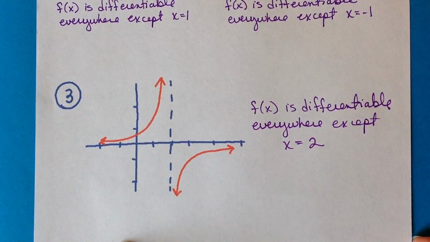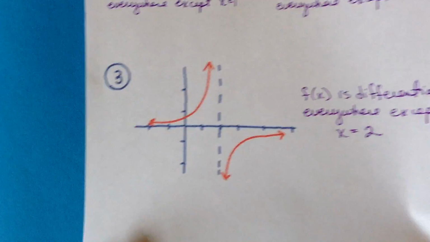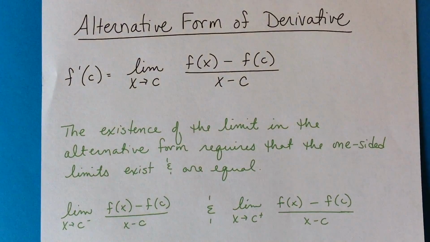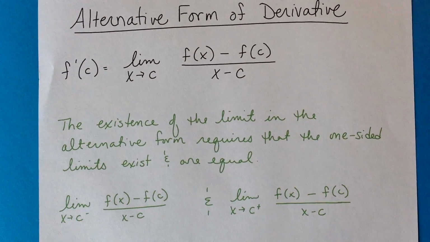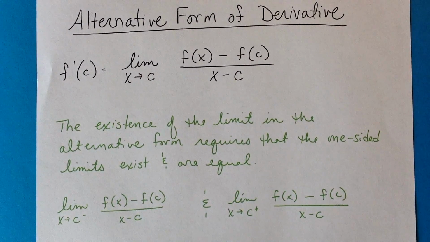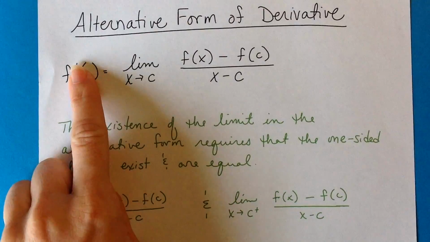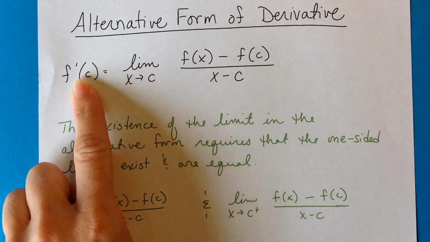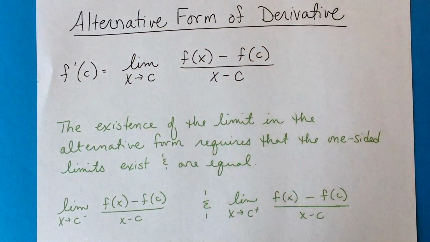Okay, now we're going to look at what's referred to as the alternate form for the derivative. When we're dealing with this alternate form, of course, as you see, you still have your notation here. It is still the derivative, which still involves a limit.